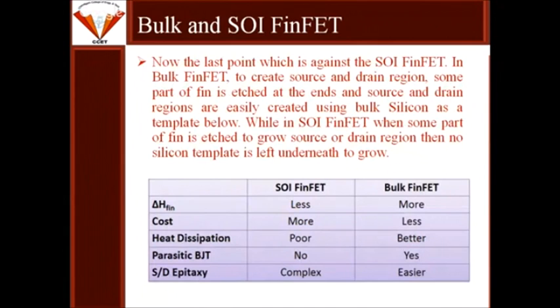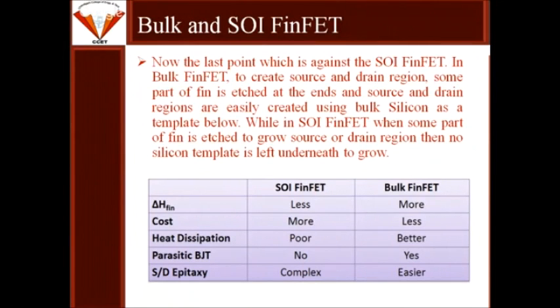Now the last point which is against SOI FinFET: in bulk FinFET, to create the source and drain region, some part of the fin is etched at the ends, and source and drain regions are easily created over the bulk silicon.